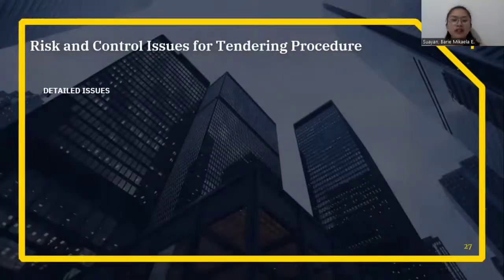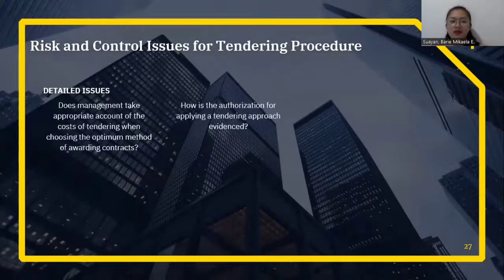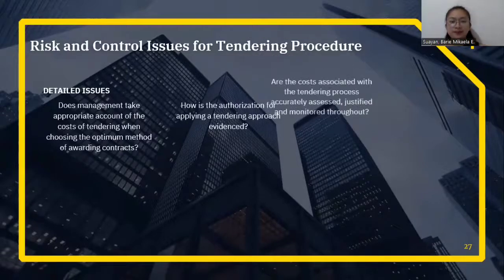And for the detailed issues, first, does management take appropriate account of the cost of tendering when choosing the optimum method of awarding contracts? How is the authority for applying a tendering approach evidenced?